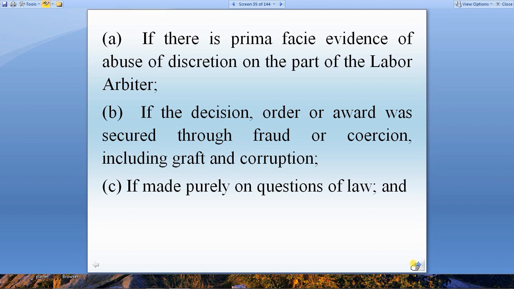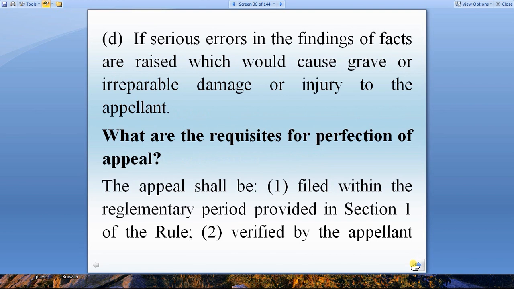If the decision or the award was secured through fraud or coercion, including graft and corruption. So, kung may naglagay. Now, if made purely on questions of law, that's third one. If serious errors in the findings of facts are raised which would cause grave or irreparable damage or injury to the appellant. So, may errors doon sa findings of fact sa umaapela.